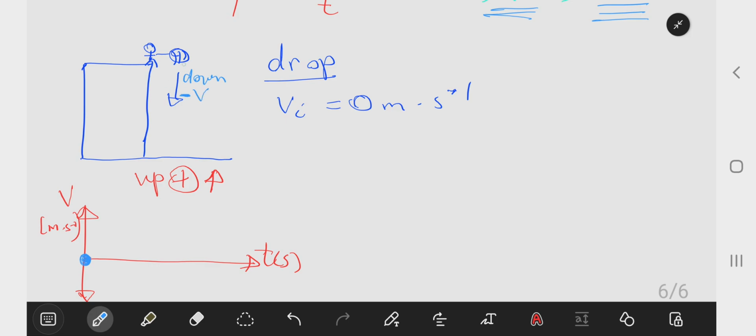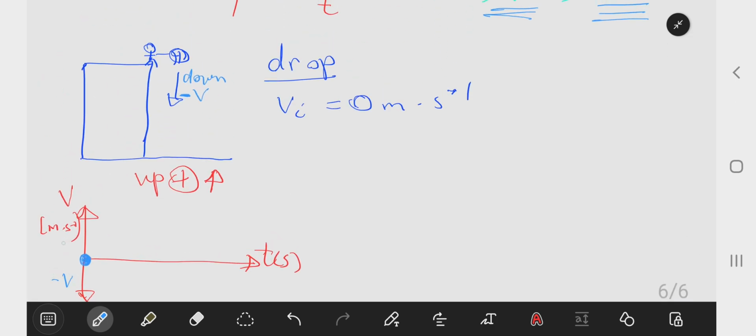Its velocity will increase in the negative direction because there's acceleration as the ball goes down. It accelerates with 9.8 meters per second squared downwards, which is your gravitational acceleration. So your velocity will increase in the negative direction, moving from 0. Where is the negative direction in this graph?